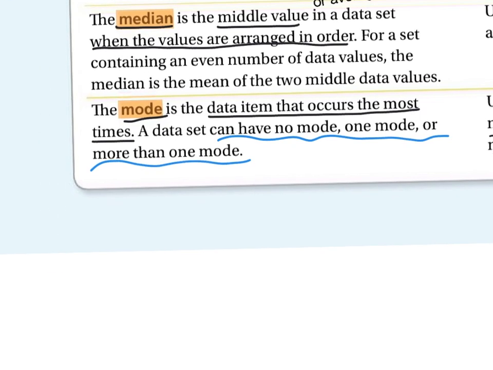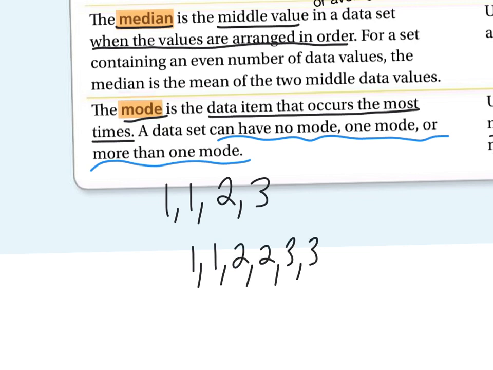So, for example, for mode, if we have 1, 2, 3, we would have no mode. Those all happen the same as each other. If we have 1, 1, 2, 3, 1 would be our mode because 1 happens more often. If we have 1, 1, 2, 2, 3, 3, once again we'd have no mode because they all happen the same.